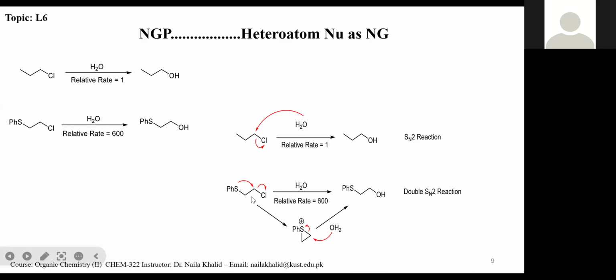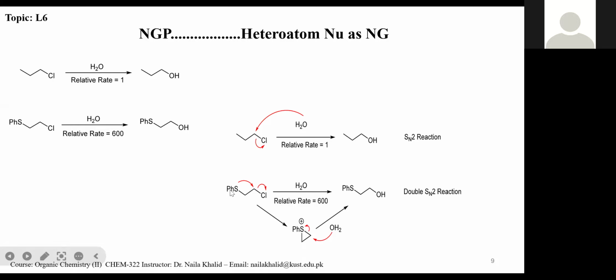But in this case, this sulfur with its electron pair will interact with the reaction center, and this will leave the surface, and this type of cyclic intermediate is formed. Then water will attack on this carbon, and this one will be opened, and you will get this nucleophilic substituted product, but that is due to double SN2.